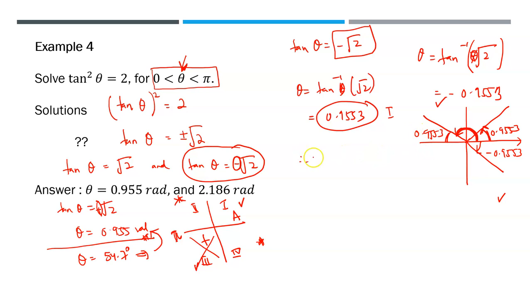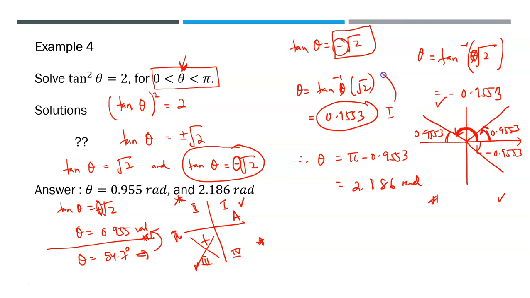So your final answer should be theta equals pi minus 0.9553. Then you will get 2.186 radian. When you calculate, just ignore the negative sign first, but make sure that when you ignore the negative sign, the answer that you get is in the first quadrant only.